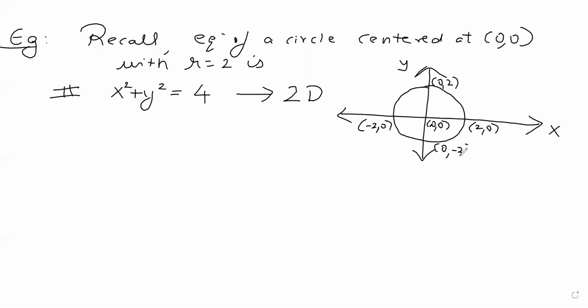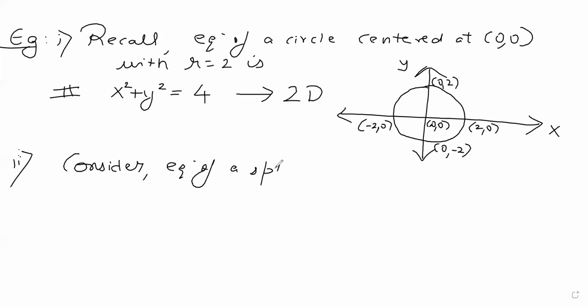But now guys, if I talk about a sphere, now consider the equation of a sphere. A sphere which is centered at 0, 0, 0 and radius equal to 2. Now remember, a sphere is a 3D figure.